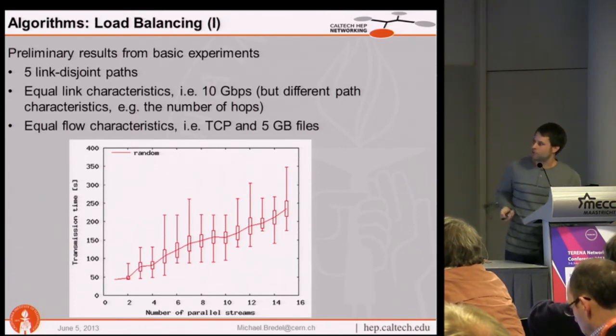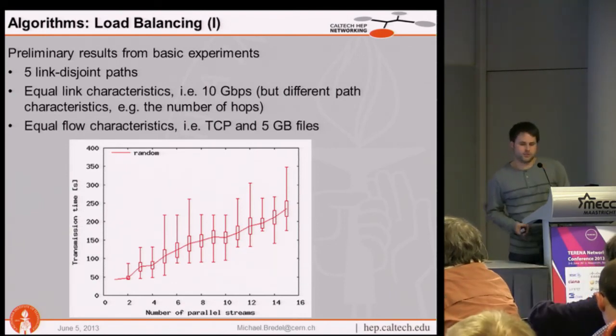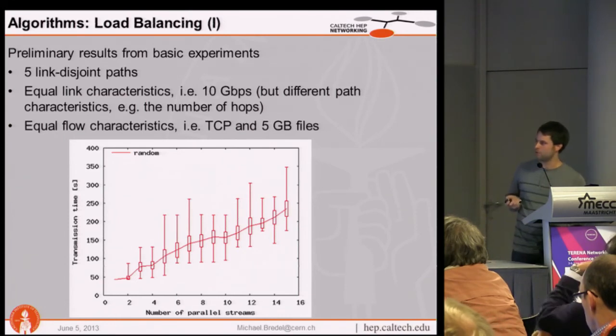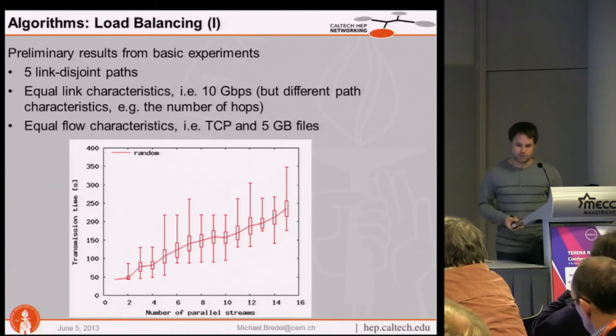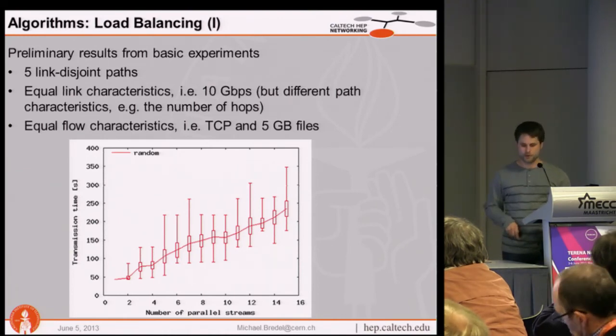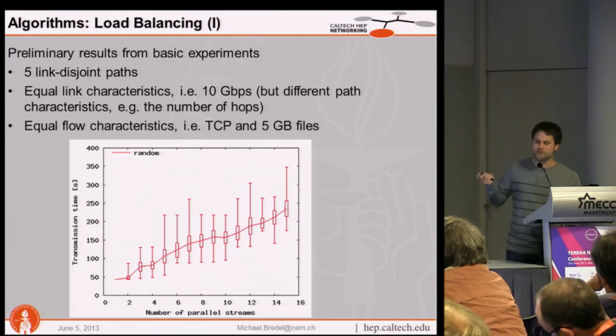Here on this graph, you can see the number of parallel streams or flows increasing, and the average time that it took to transfer the data. And you can see that the more flows I have, the higher the transmission time. And since I selected the path randomly, the transmission time also varies a lot.